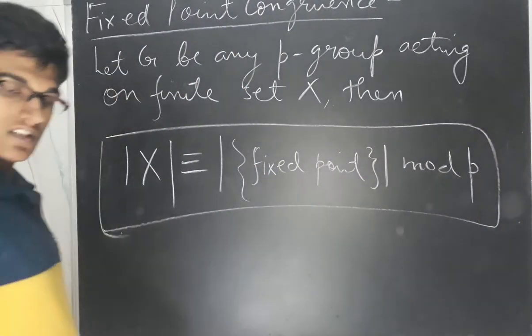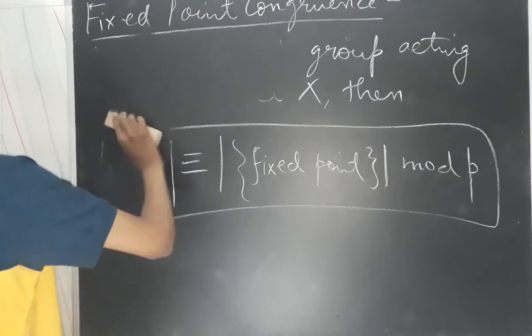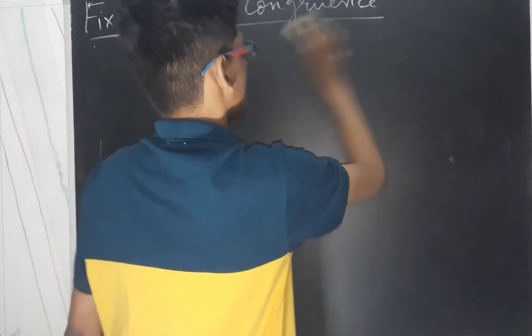Before proving this result, I need to recall the orbit equation and the orbit-stabilizer theorem, because the orbit equation is used in the proof. So what does the orbit equation say? Before writing it, I need to specify representatives of the orbits.